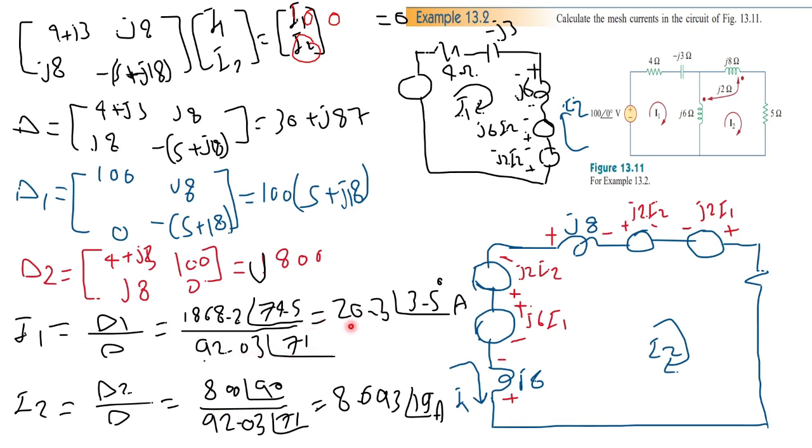This means I1 equals 20.3 at an angle of 3.5 amperes. I2 equals delta 2 by delta, equals 800 at an angle of 90 divided by 92.03 at an angle of 71, equals almost 8.7 at an angle of 19 amperes.